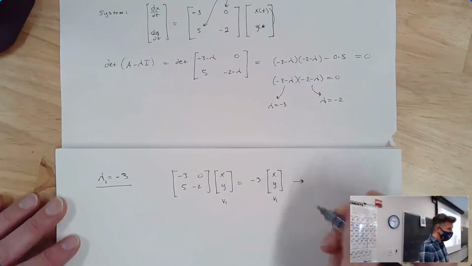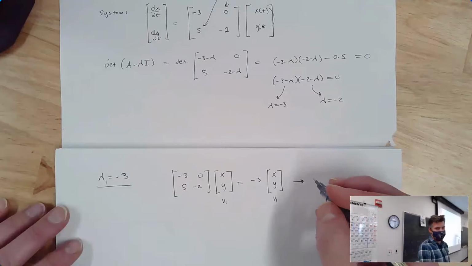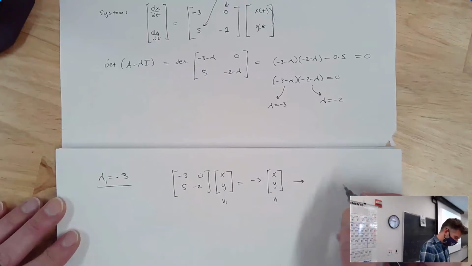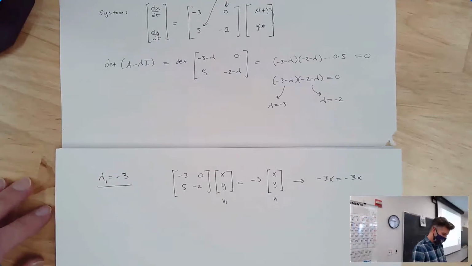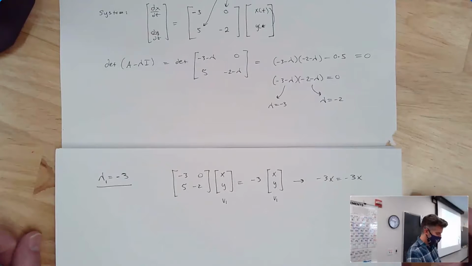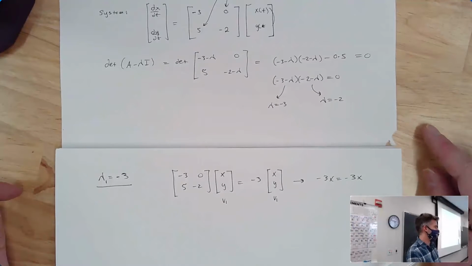But this is very easy to solve, if you know what you're doing. The first row is negative 3x equals negative 3x, which means x should be what? 1's the right answer. What else is the right answer?